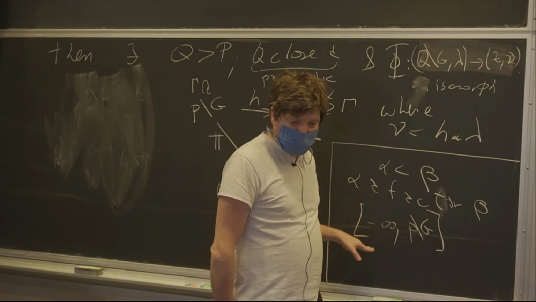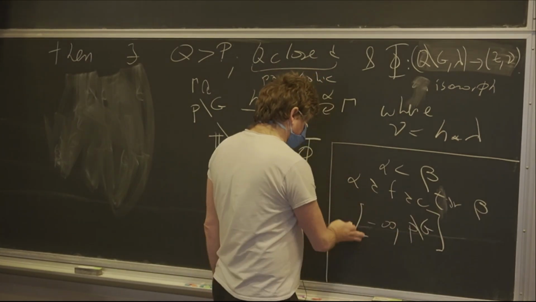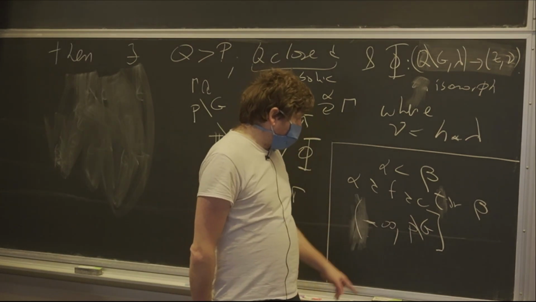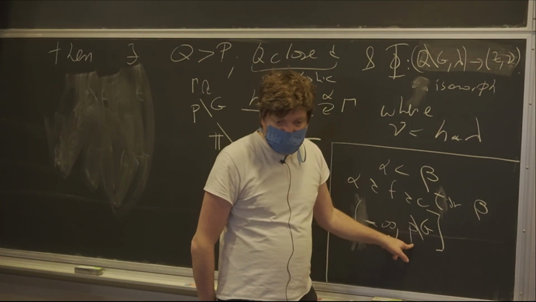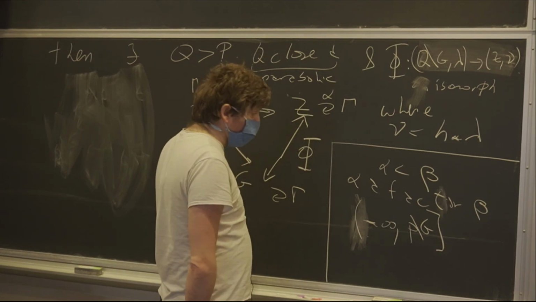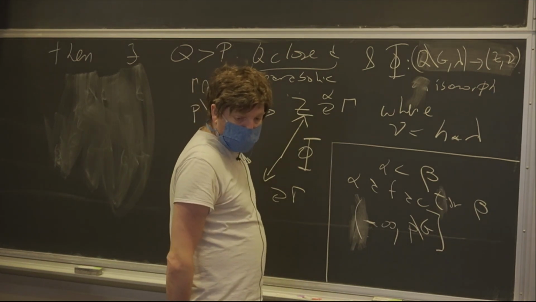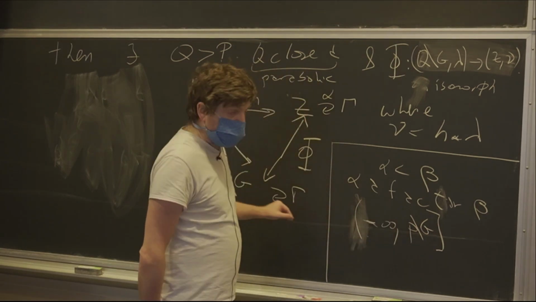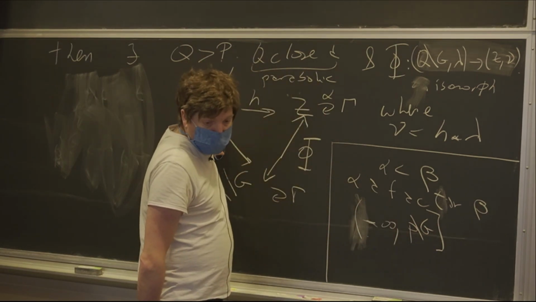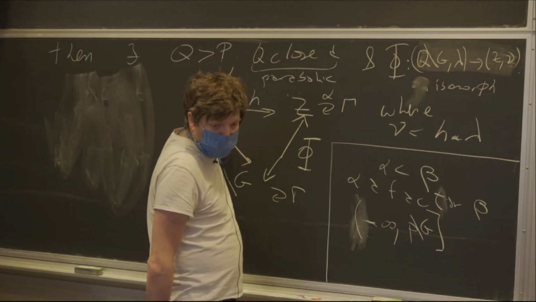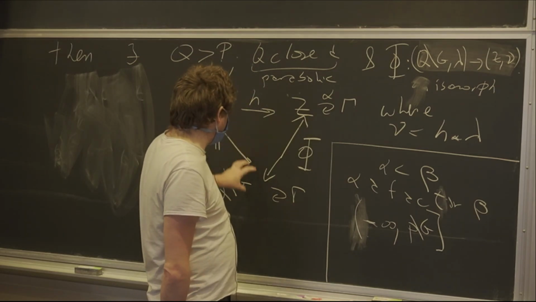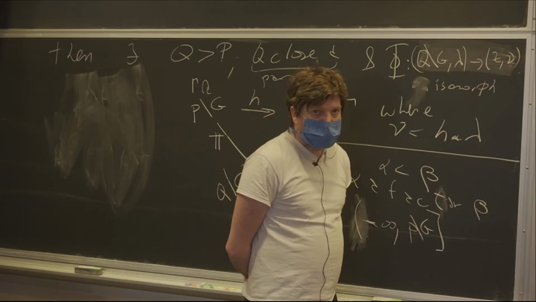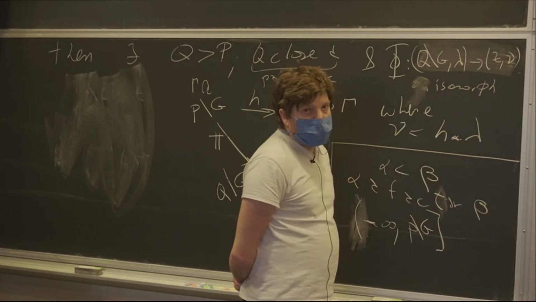So meaning all the guys smaller than G mod P. It's just a finite set, and it's a finite set determined by this G mod Q. And the order relation restricted to this is realized by the natural projections from the fact that P is inside Q or so. Okay, that's what this is telling in a sense.